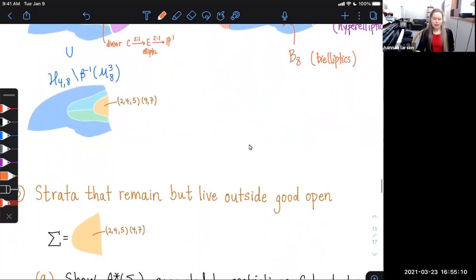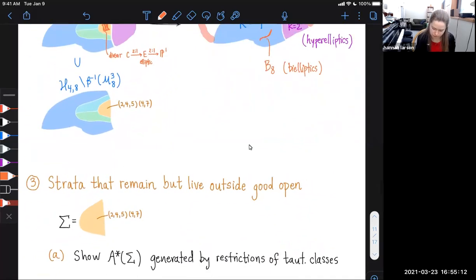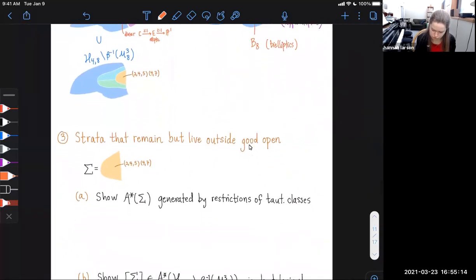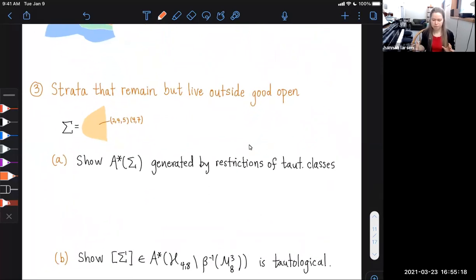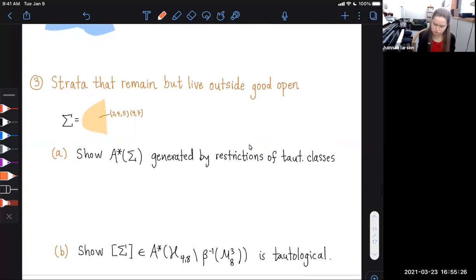So the final step is to study this stratum that remains. It's outside of our good open, but we didn't get to throw it away because of gonality reasons. So there are 2 steps here. We need to show that the Chow ring of this locally closed stratum is generated by the restrictions of tautological classes.